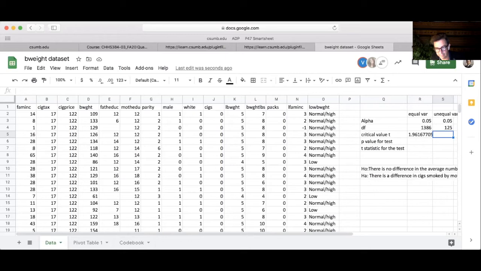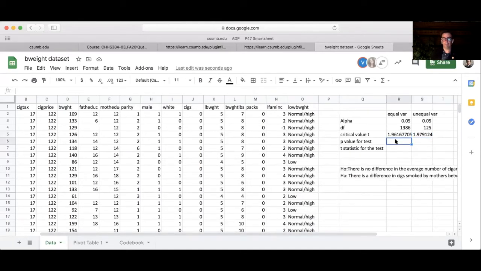And that's the same as before, right? It is always the same. It's the same n, the same degrees of freedom, the same alpha. So equal to T inverse, in this case, for 0.05 and 125 degrees of freedom. All right. There you go.